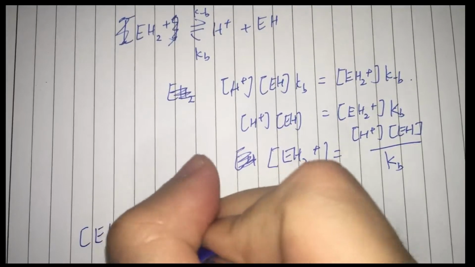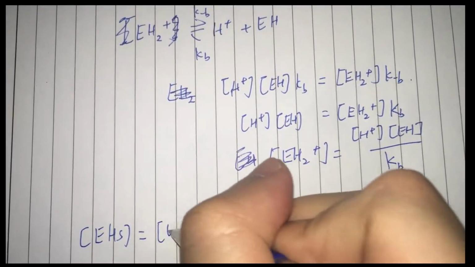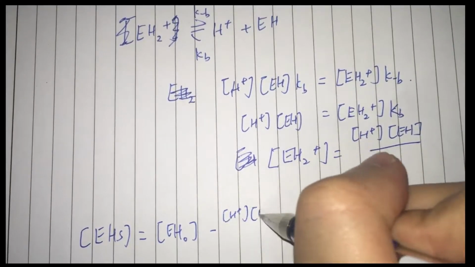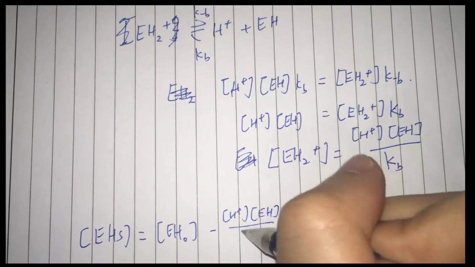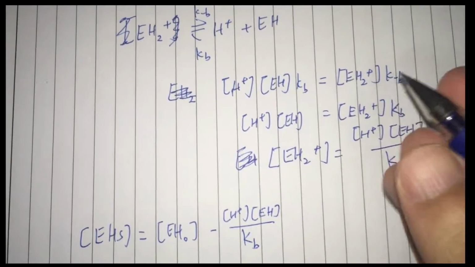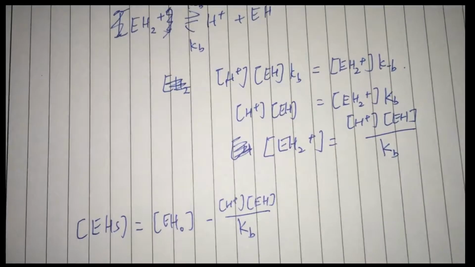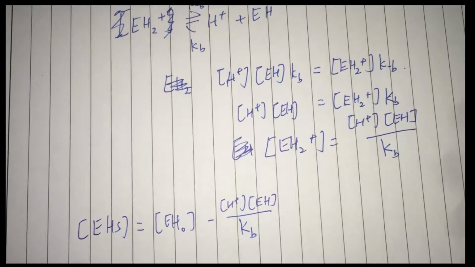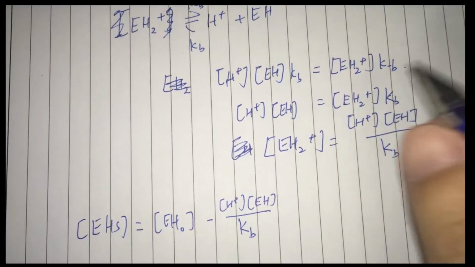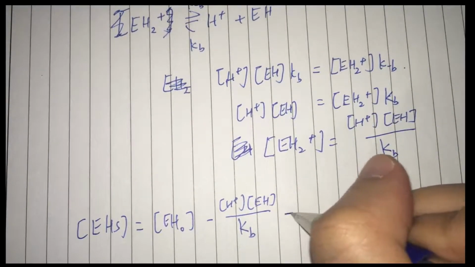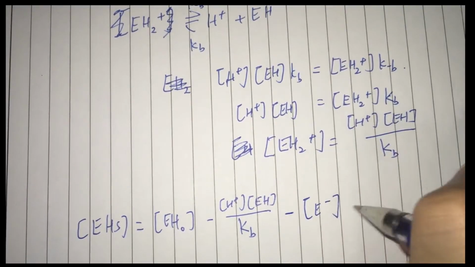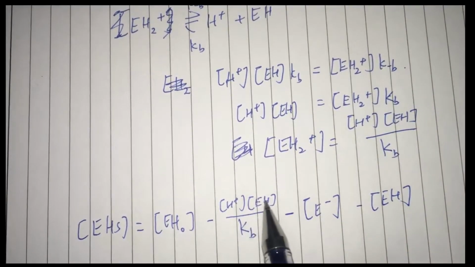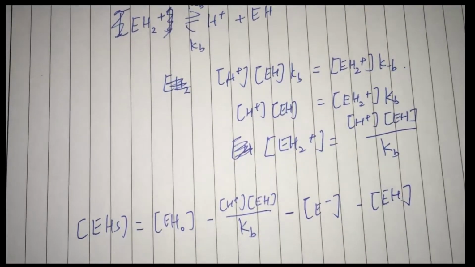Let's go EHS equals EH naught minus H plus EH over big Kb. So now this is where it's acting as a base, I believe. So this is in acidic conditions, and then you have a minus E minus EH. So you can kind of guess, after a while you have to group up all these EH together.